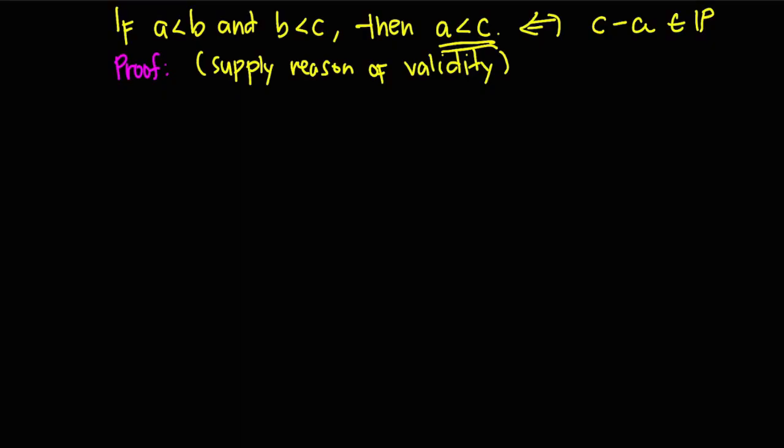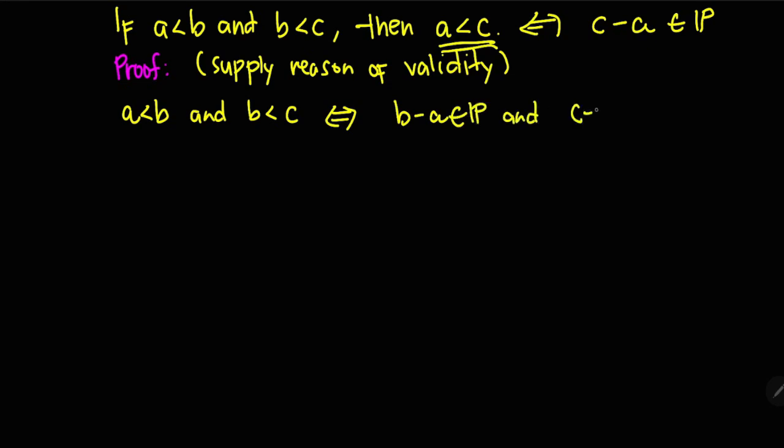Okay, so how do we prove that C minus A is positive? Let's use the given. Since A is less than B and B is less than C, by definition of the order relation less than, it is equivalently saying that B minus A is positive and C minus B is also positive.